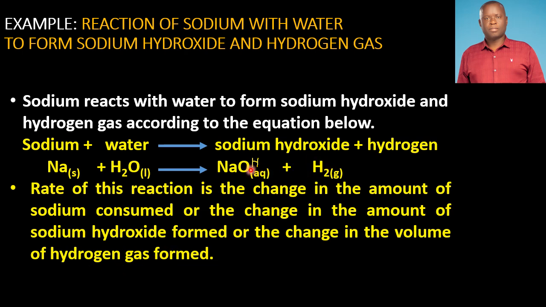So to measure the rate of this reaction, we have to consider at what rate sodium metal decreases, or at what rate sodium hydroxide forms, as well as at what rate the volume of the hydrogen gas increases. So that gives us the rate of chemical reaction.